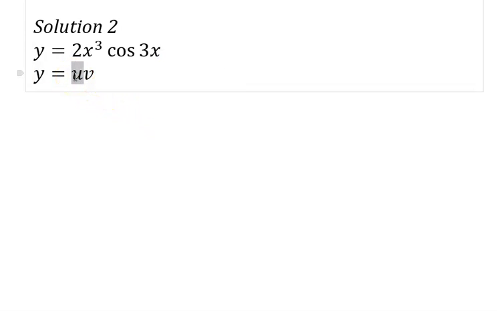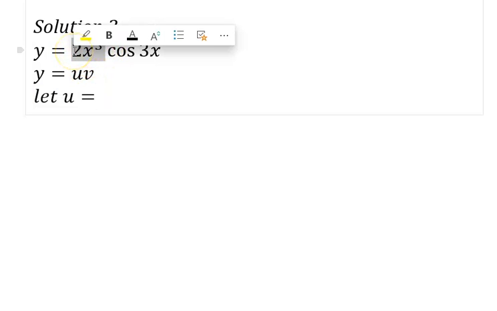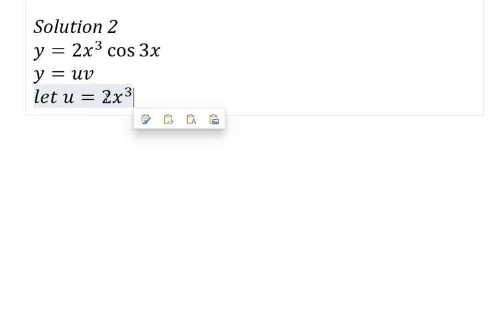So now select our u. Let u equals 2x cubed, and your v equals cos 3x. Awesome.